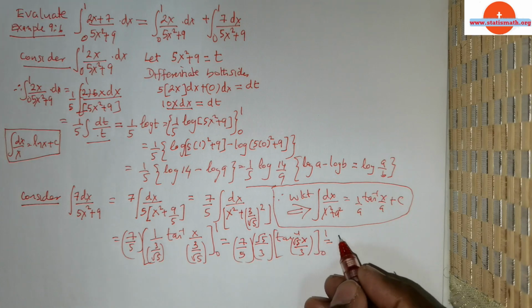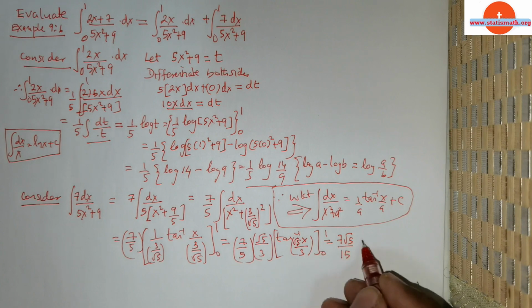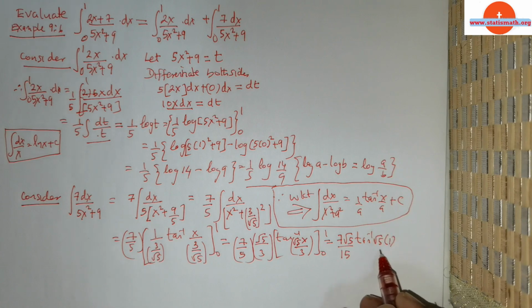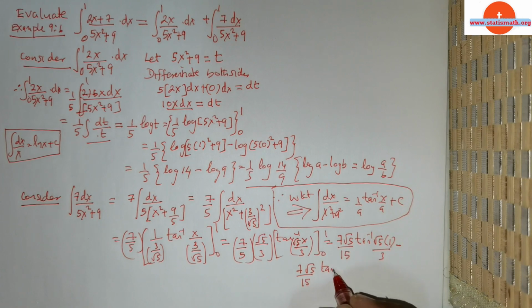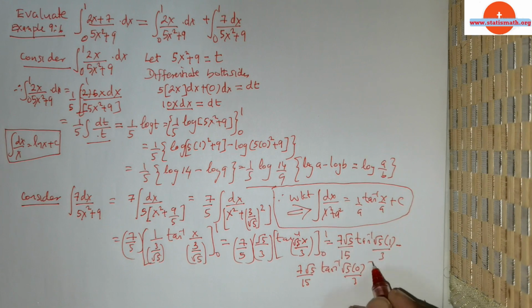in fact, let me rewrite it as 7 times root 5 divided by 15 tan inverse of, I substitute the upper limit, so it's going to be root of 5 times 1 divided by 3. Negative, I need to substitute the lower limit, so I would be rewriting it here. So this is going to be 7 times root of 5 divided by 15 tan inverse of root of 5 times 0 divided by 3.